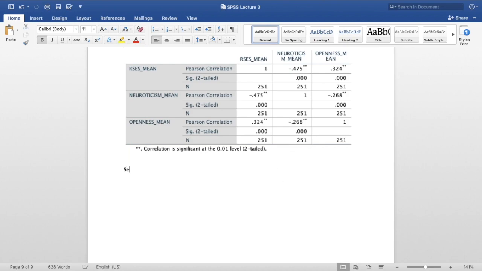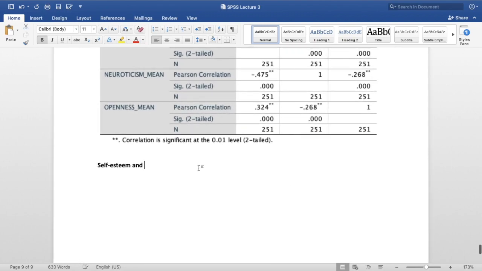Okay. So let's look at self-esteem and openness.